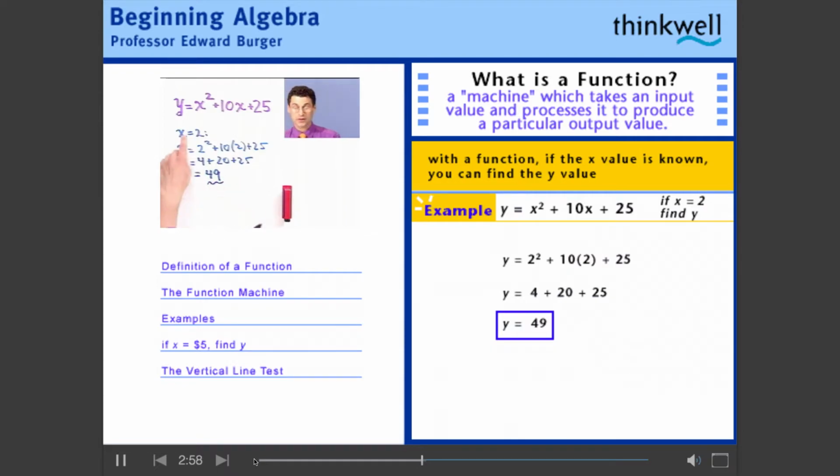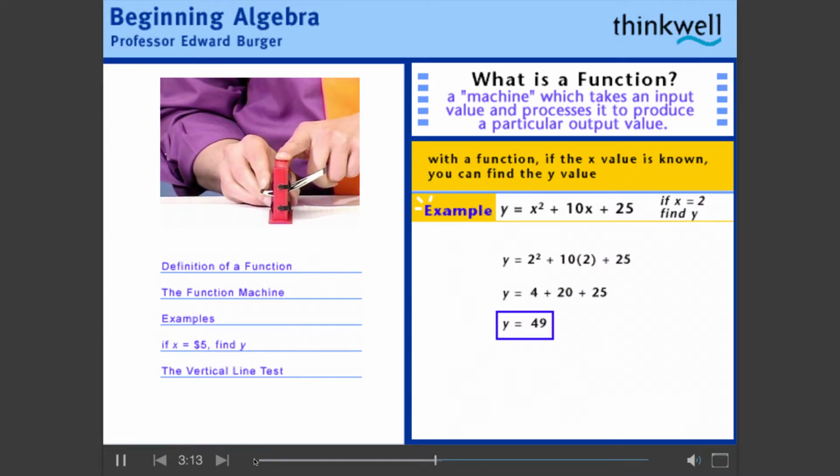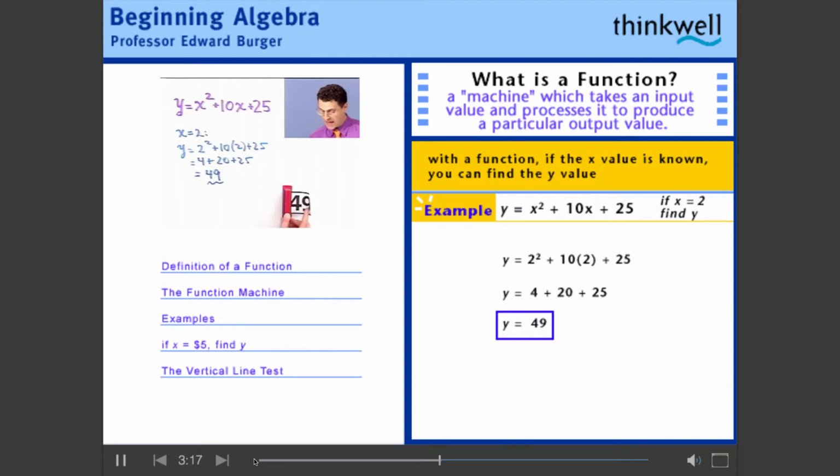So if you input x equals 2, output would be y equals 49. Let's try that and see if this works. This is fun. So I take a 2, and I'm going to input it into the function press. Let's see what happens. Watch it really carefully. There it comes right out. And as it comes out, what do we see? Voila! We see 49, just like we expected.